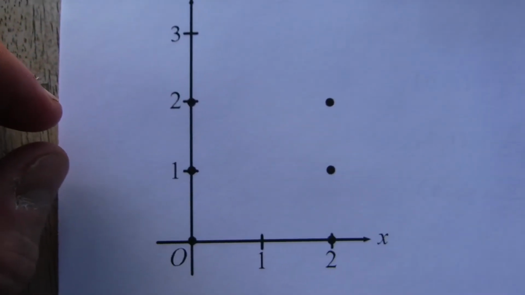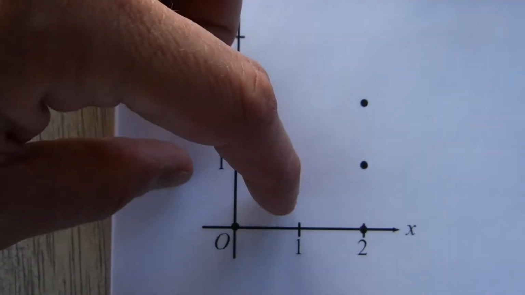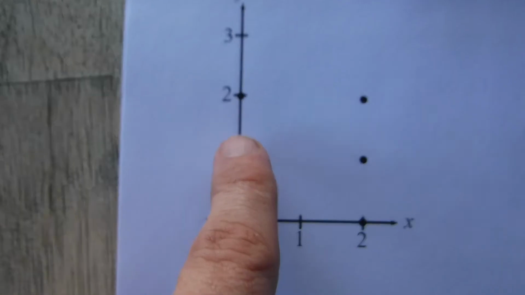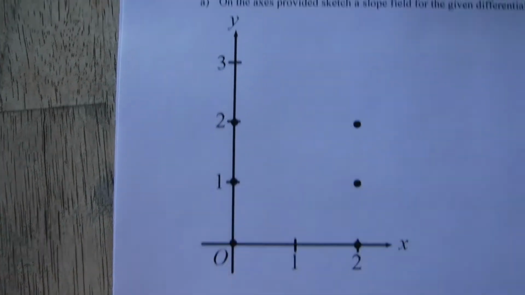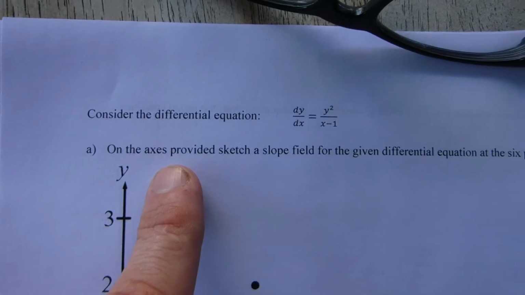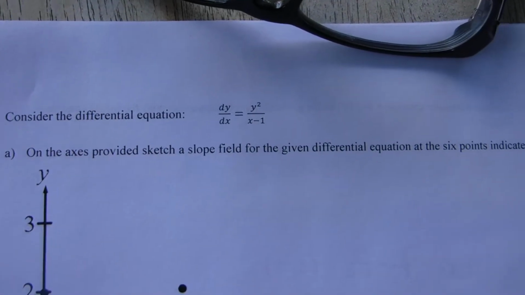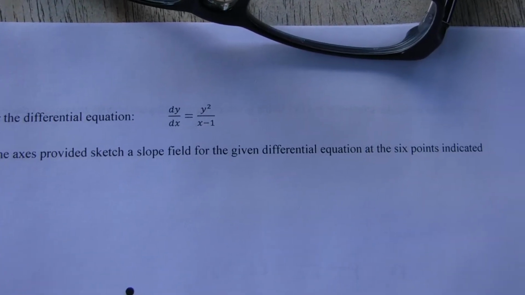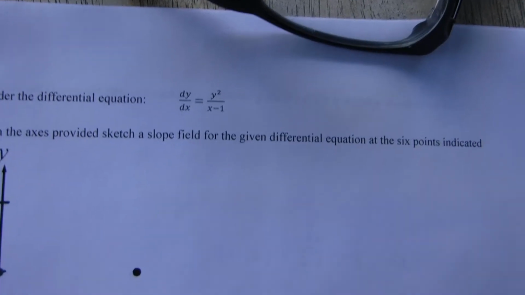So long story short, what's going to happen is we're going to find the slopes at these indicated points. It says, on the axis provided, sketch the slope field for the given differential equation at the 6 points indicated.